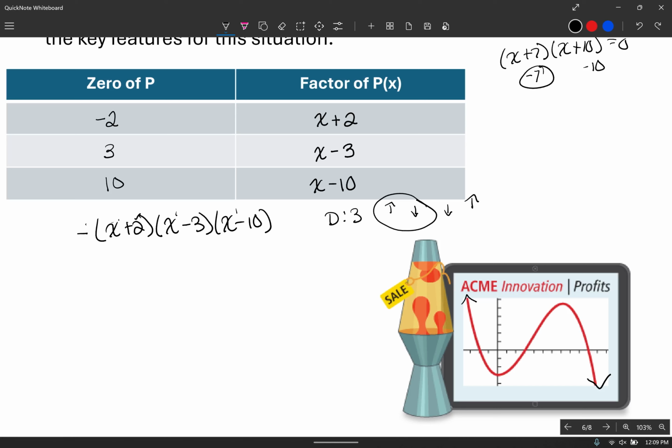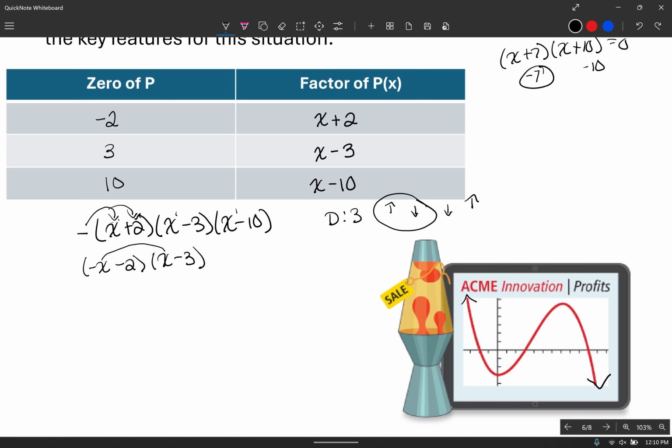So we're going to distribute this negative to the first parenthesis. That gives us -x minus 2. And then we're going to take that times x minus 3. And then once we get those two, we'll multiply that together and take it times the third one.